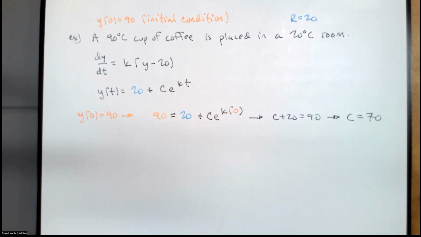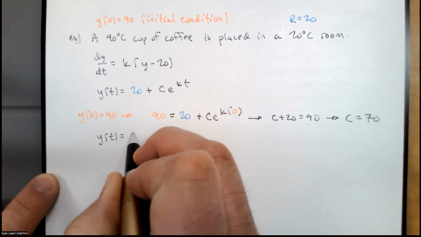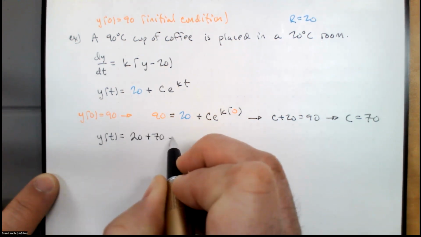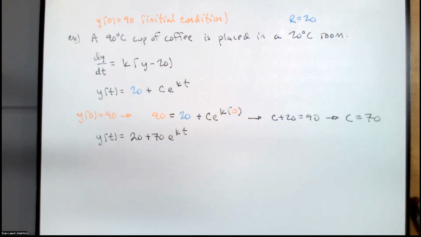The initial condition told us what c was. And now in the context of this problem, we know what c needs to represent. C is just the initial difference between the temperature of the object and the temperature of the room. In this case, positive 70. To figure out what K is, we will need to know the temperature of the coffee at some other time, because that will tell us how willing the coffee is to change temperature.